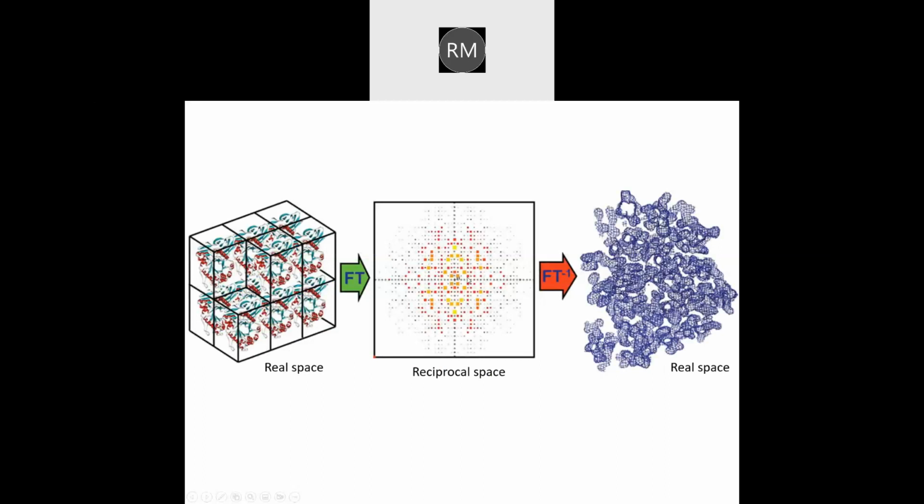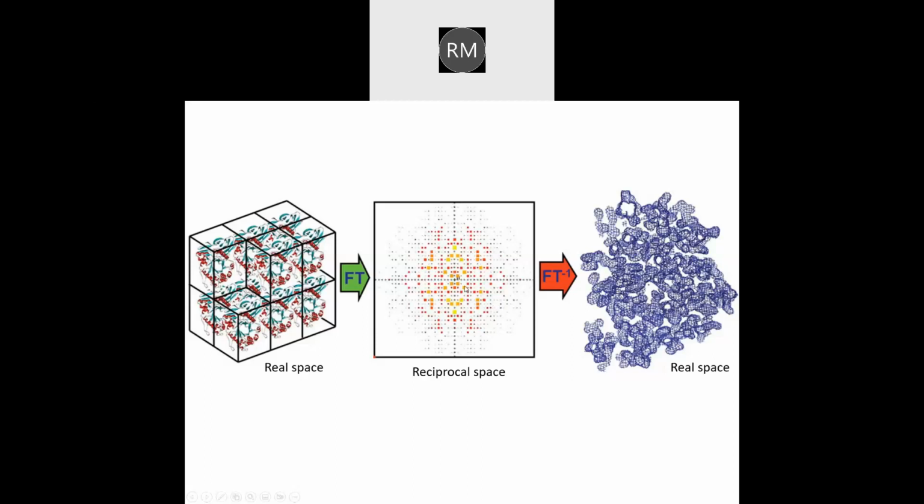What is reciprocal space? This is one kind of imaginary space. When you shine X-rays, you get a diffraction pattern. So this molecule gets transformed. The content of this molecule is reflected in reciprocal space. This is called a diffraction pattern.